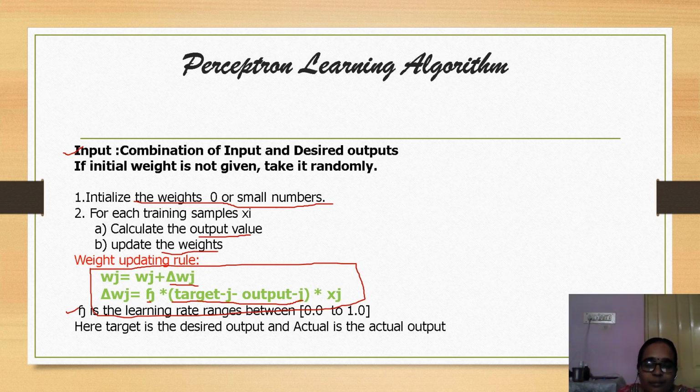If you take a higher value, the convergence will be very fast, but we cannot get the exact weight value. But if the value is taken as very small, for example 0.1, it will move slowly to the output. Based on that we have to fix the learning rate. Sometimes, if the learning rate is given, we have to take it as it is. The learning rate will be constant for all the inputs.